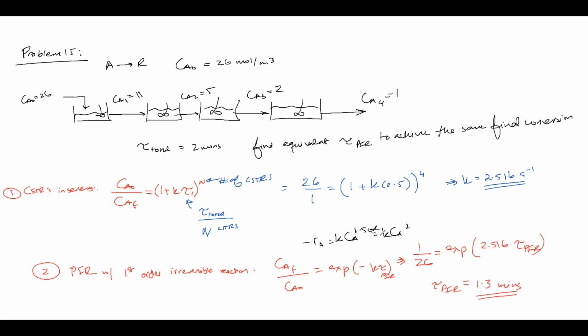What you need to do is take this expression and the performance equation of the PFR, get CAF over CA naught as an expression for the nth order or second order, equate these two, solve for K here, plug it here, and you get the new tau, okay?